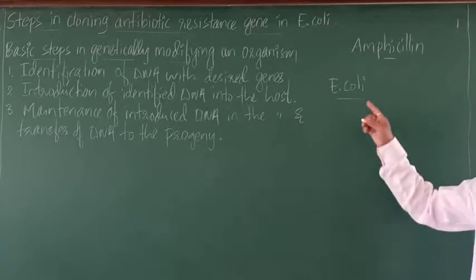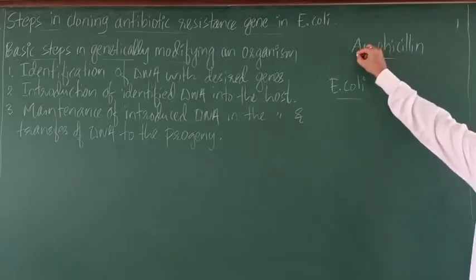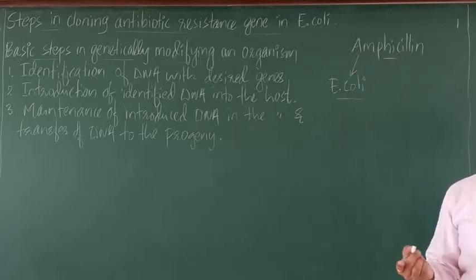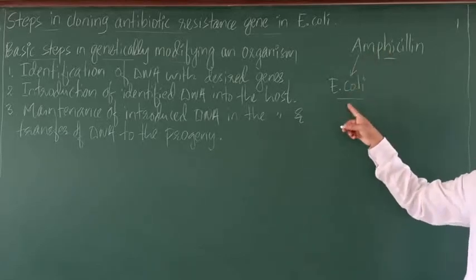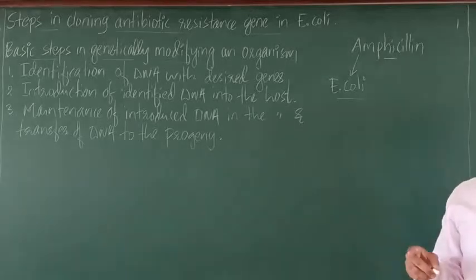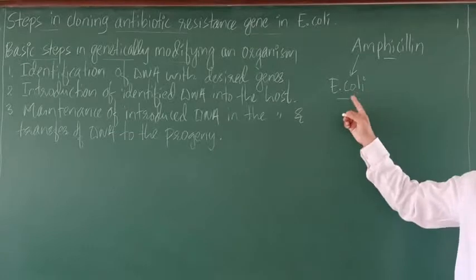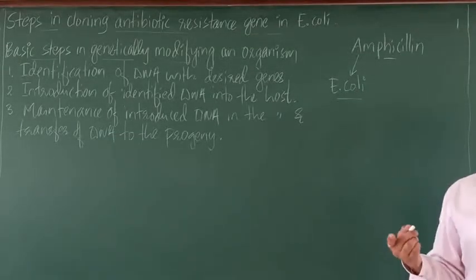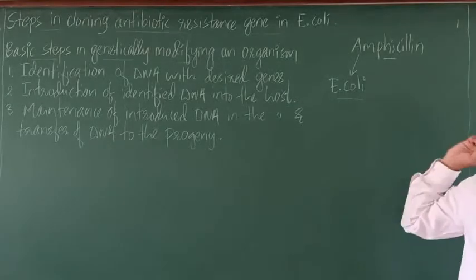So when this E. coli comes in contact with ampicillin, what will happen? This ampicillin will not kill this bacterium. This bacterium will not die due to ampicillin, because this E. coli is having an antibiotic resistance gene, that is the gene that is resistant to ampicillin.